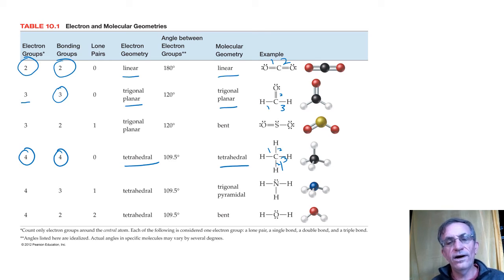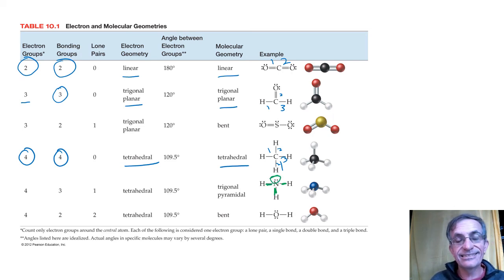Now, what if you look around the middle atom and see 4 areas again, but one of the four is a lone pair? Like in ammonia, do you see how there's 3 bonds and then a lone pair?